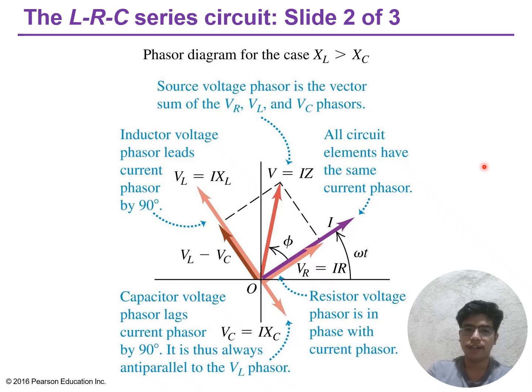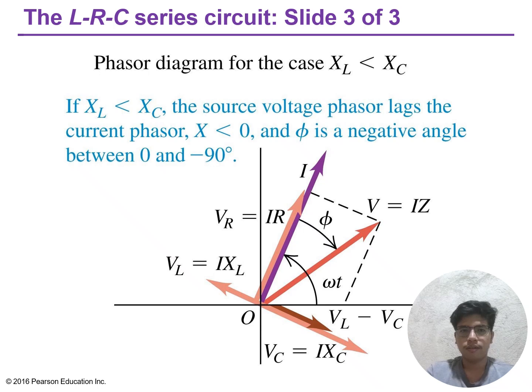So the phasor diagram shows the voltage phasors representing the voltage drops across each component, resistor, inductor, and capacitor, with the sum equaling the applied voltage phasor, demonstrating how individual component voltages can have different phases yet combine to equal the source voltage.